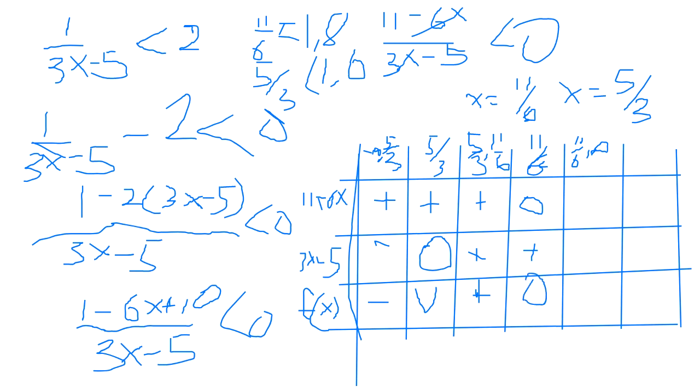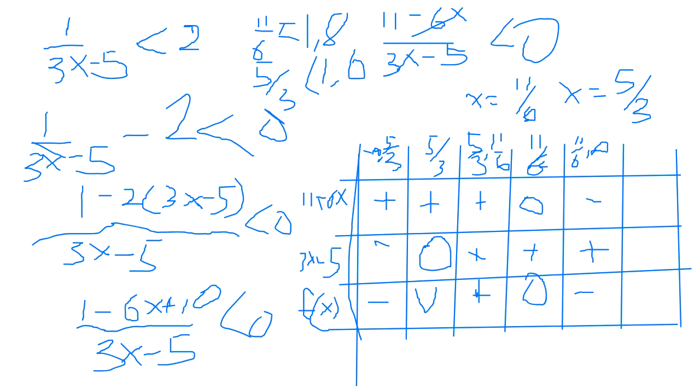Then 11 over 6 to positive infinity, we can pick any number, like 5. Putting 5 in 11 minus 6x gives negative, and in 3x minus 5 gives positive. So negative divided by positive is negative. Good.